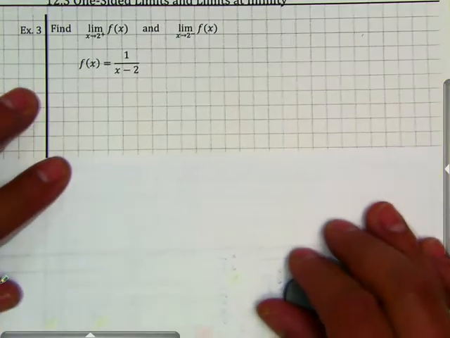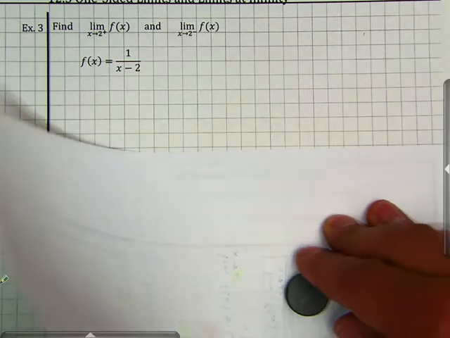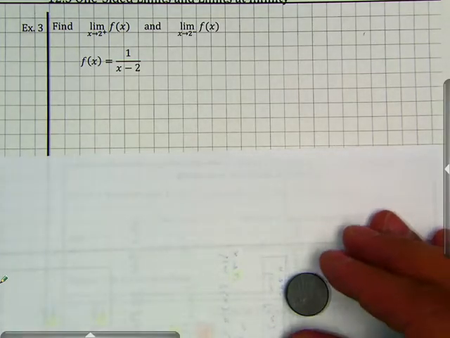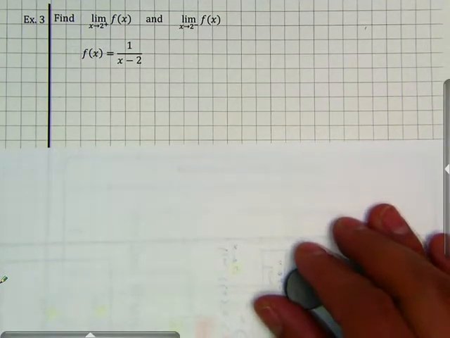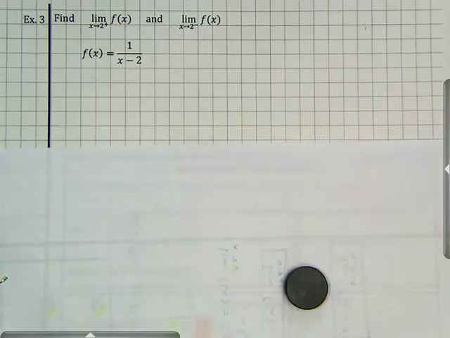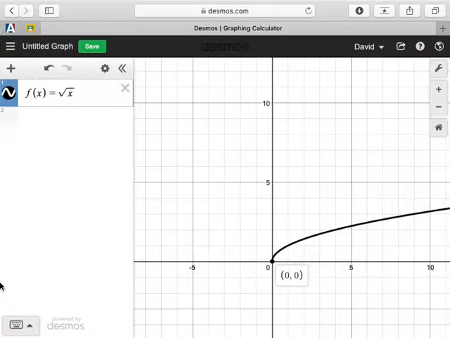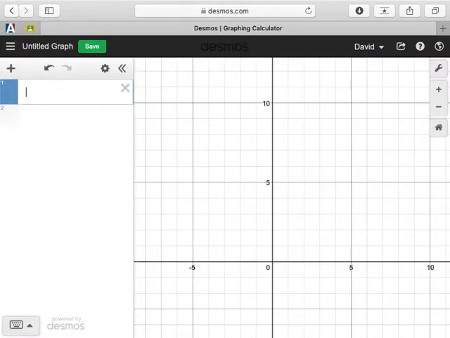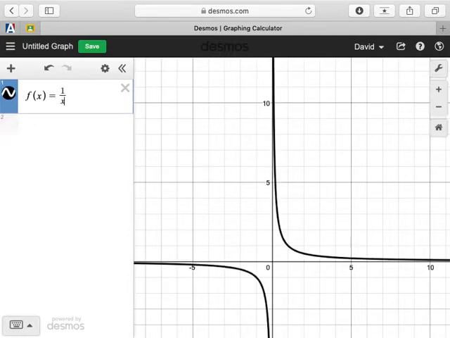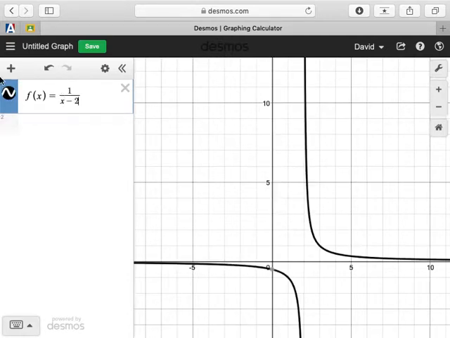Now, we graphed this type of function before. Do you guys remember when we graphed them? And what do they look like? Correct. If we go into decimals, we have f of x equals 1 over x minus 2.